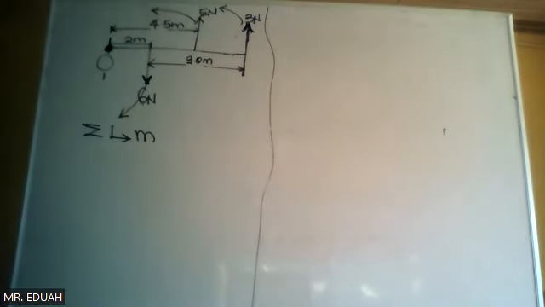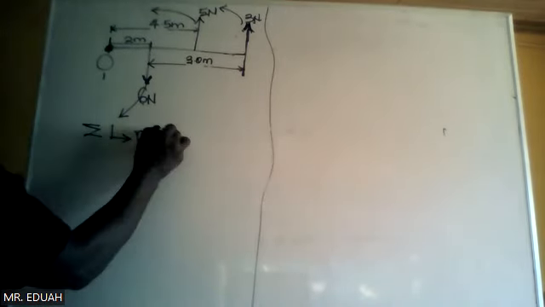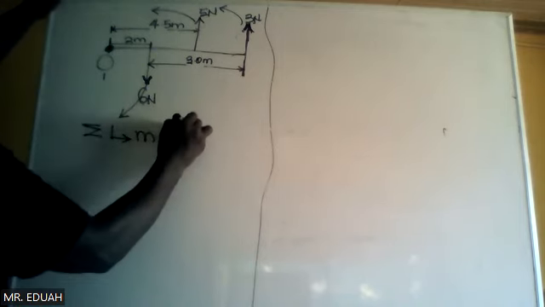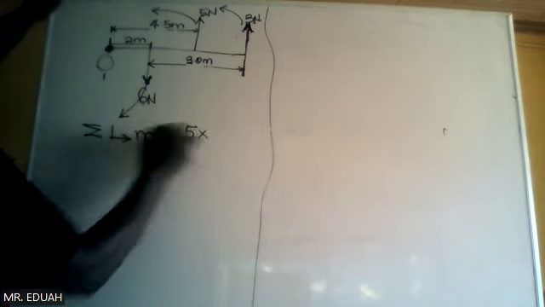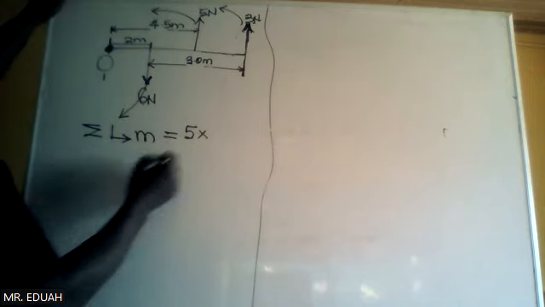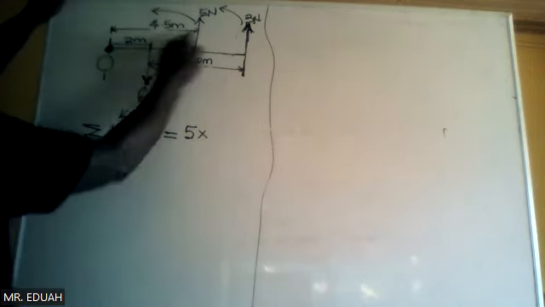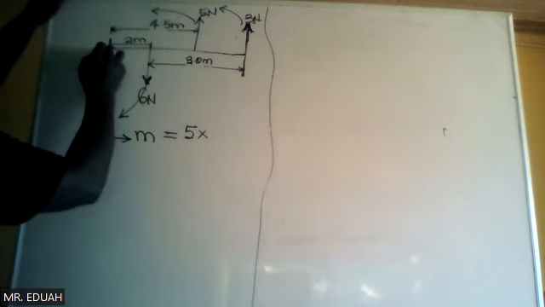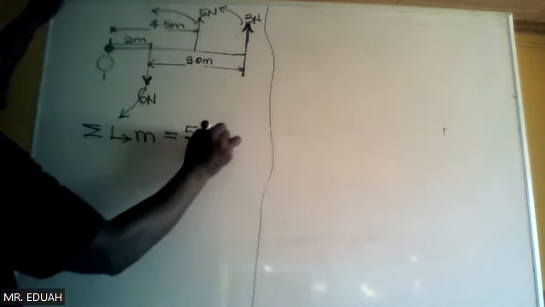So the sum of anti-clockwise moments, which is the first force, 5 times 4.5. The distance of the 5 Newton force from the pivot O is 4.5.